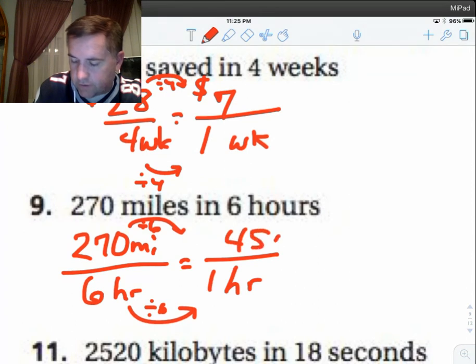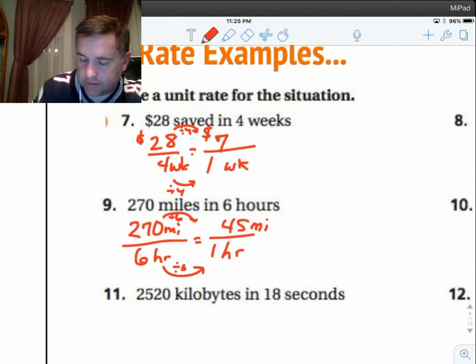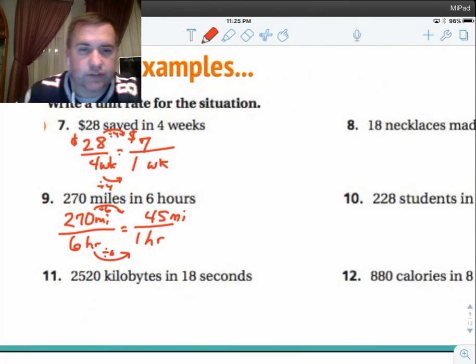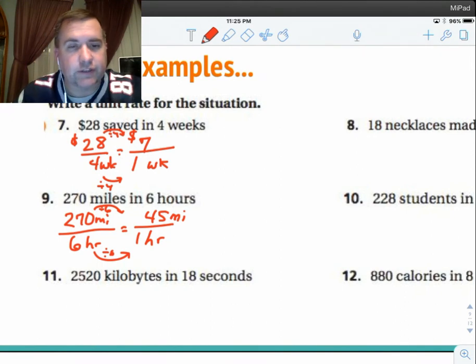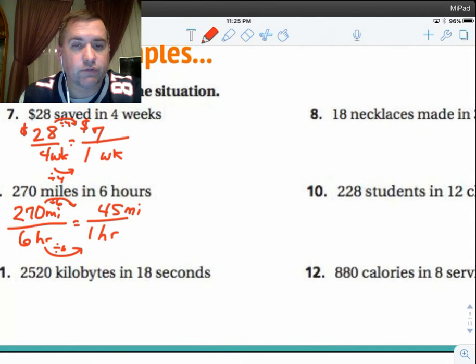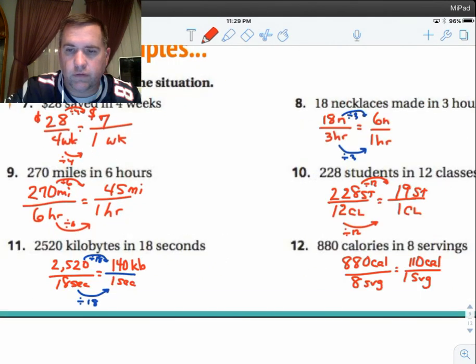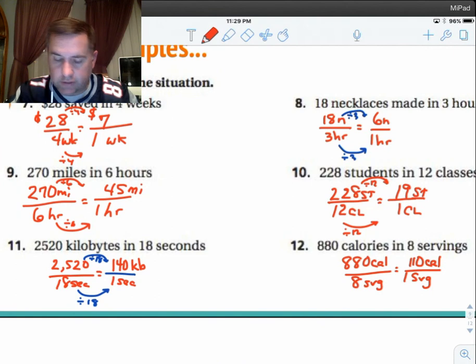And we get 45 miles per hour for that unit rate. So they're equivalent, they're traveling just as fast, but it's a comparison to a single unit of the other measurement. So I'm going to leave these other 4 for you to try and come back in a second and check them out. Okay, so here are the results.